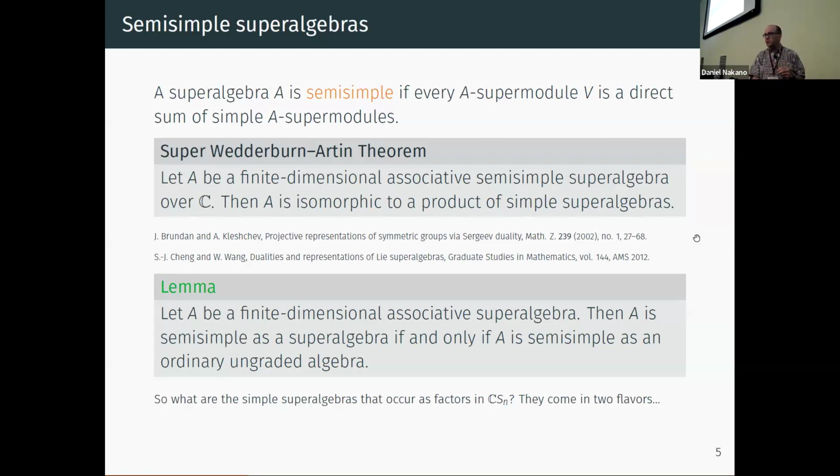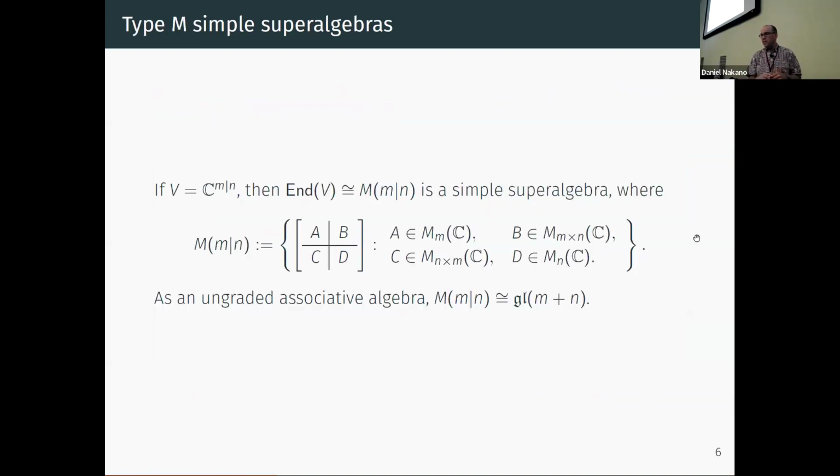Well, the simple superalgebras come in two flavors. The first flavor is the type M simple superalgebras. If I have a vector superspace, I can just look at all endomorphisms of that vector superspace, and this is a simple superalgebra. Simple superalgebras have no non-trivial superideals, no Z2 graded ideals. Abstractly, it's just a matrix ring, but it has this block decomposition corresponding to the superspace decomposition of the ambient vector superspace.